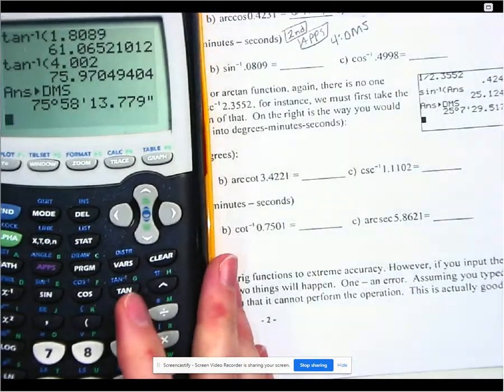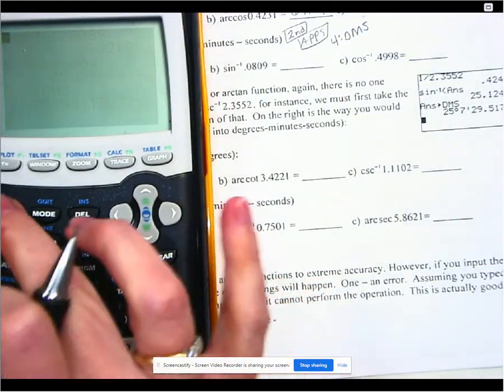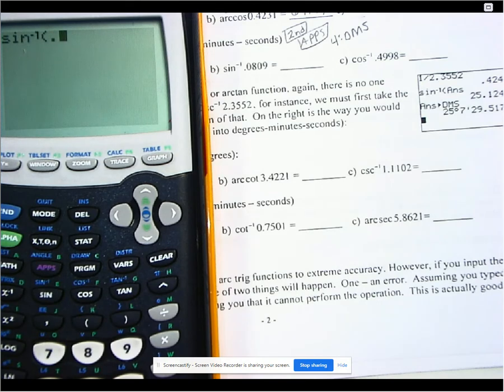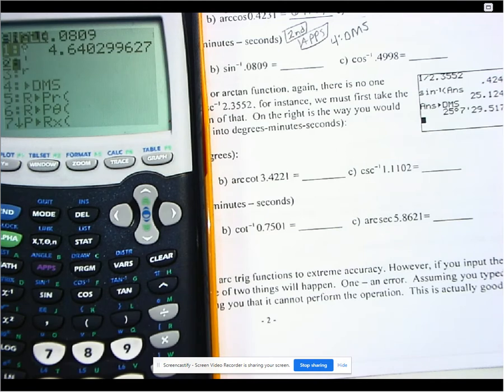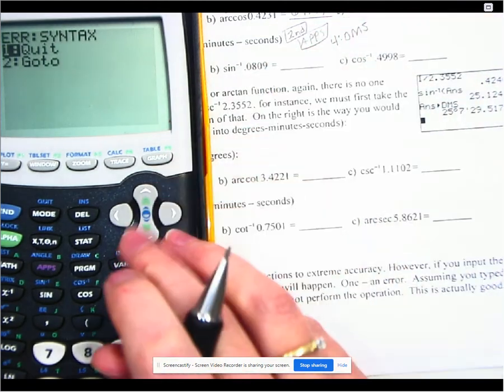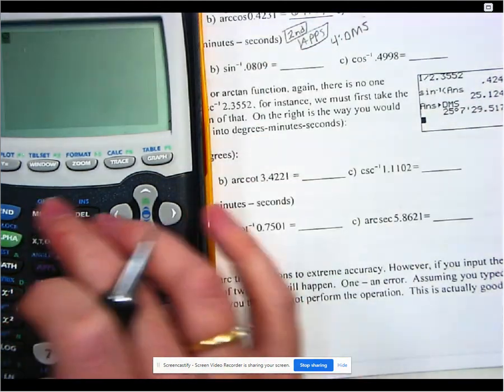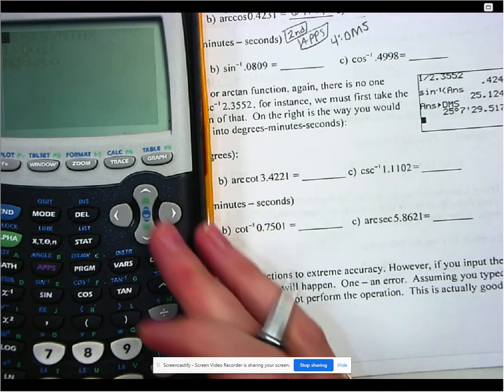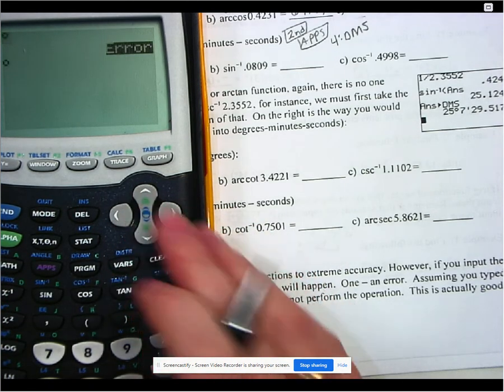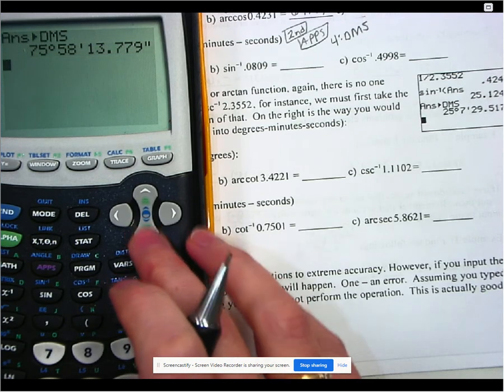Okay, we'll do the same thing on B, the inverse sine of that decimal. It's a really small angle, that's okay. And then second apps, what happened? Let's try it.